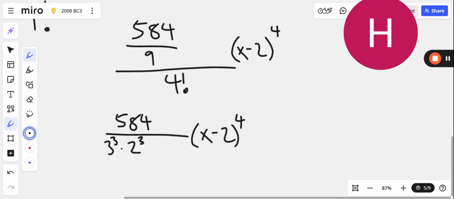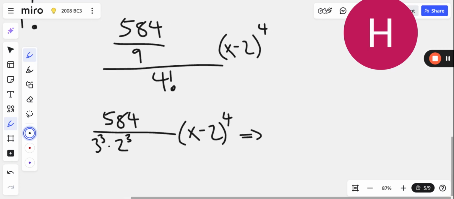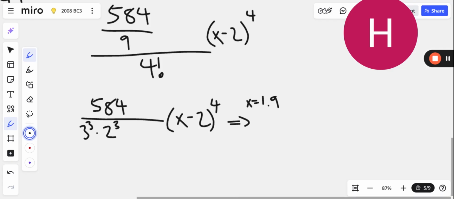And let's go ahead and plug in 1.9. Let's see, can we divide this by 2? Yeah, we can divide this by 2, and that gives us 292. Then we can cancel another factor of 2, and that leaves us with 146. And then we can cancel another factor of 2, and that leaves us with 73.